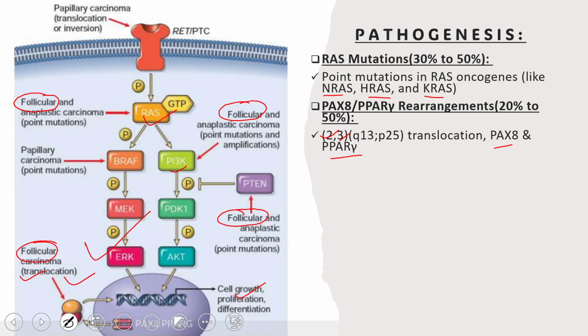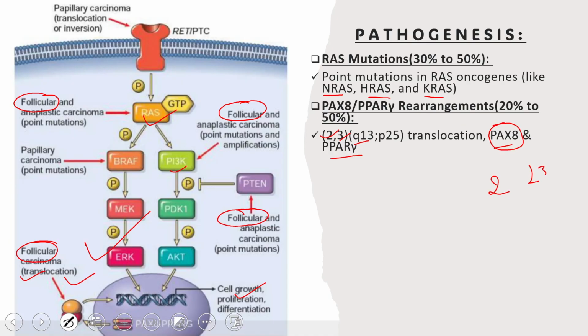So the PAX8 gene is present in chromosome number 2, in the 13th band of the Q arm, that is the long arm. That means this PAX8 gene is present in the 13th band of the long arm of chromosome 2, and this PPAR gamma gene is present in the 25th band of the short arm of chromosome number 3.